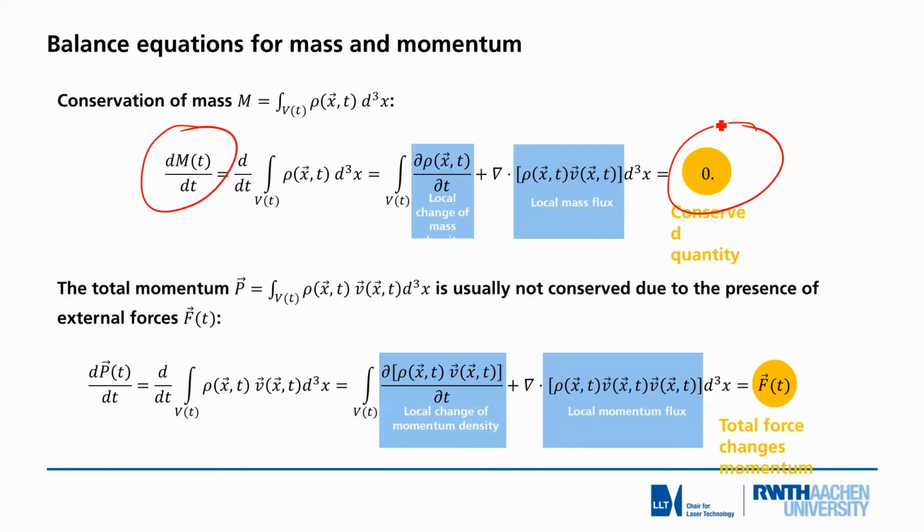However, of course, the densities change, and this can be done by two effects: local changes of the mass, or we have a local mass flux. If we look at the momentum, usually it is not conserved, at least not if we have external forces, but the corresponding change of the momentum in time has to be equal to the external forces that we apply.